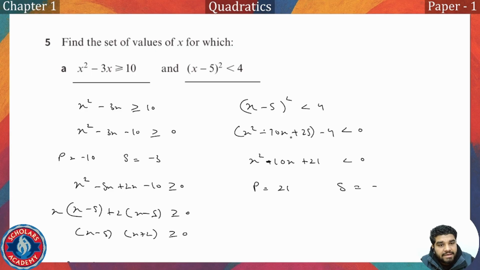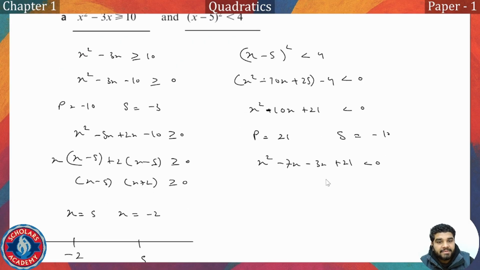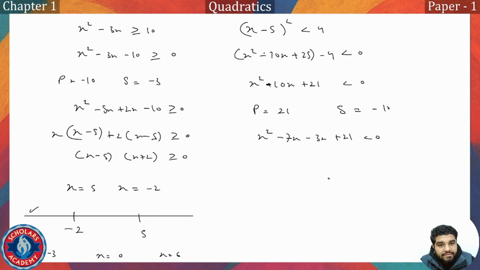Sum is -10. So splitting this middle term, I get x square minus 7x minus 3x plus 21 is less than 0. Right? If I take x common, x minus 7, and -3 common, so x minus 7 is less than 0.